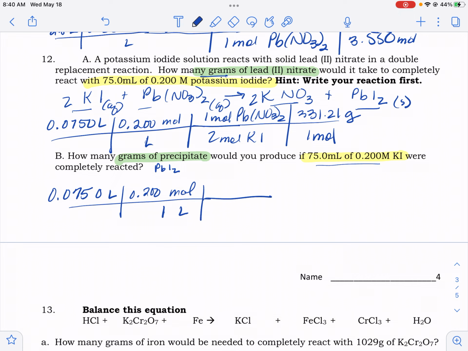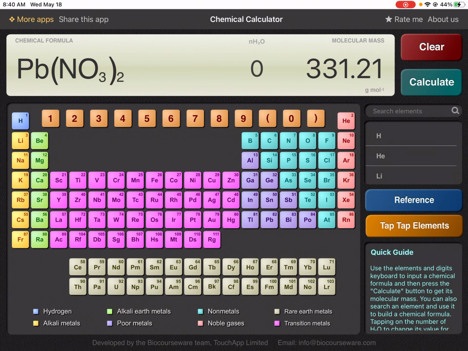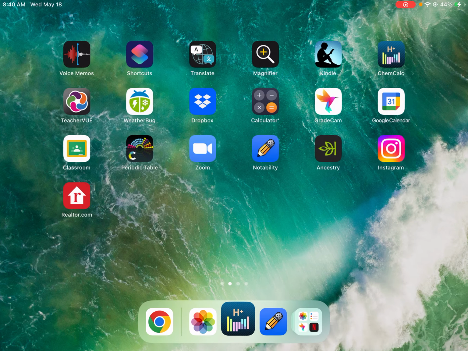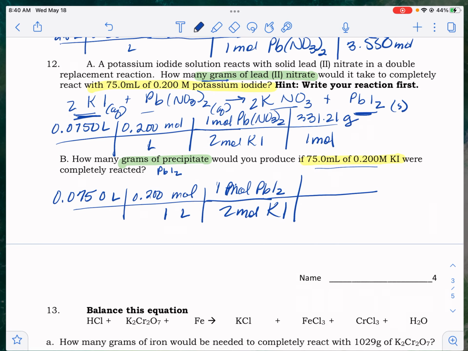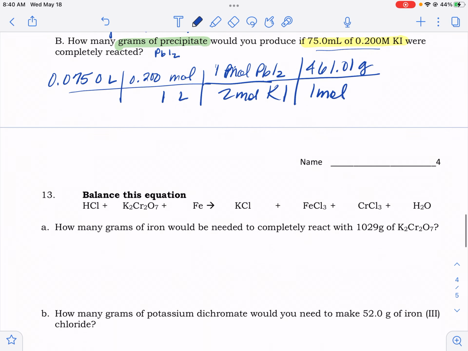My ratio, we're going from KI this time to lead iodide. 1 mole of lead iodide will react with 2 moles of KI, and we want grams, so we need the molar mass of lead iodide this time, which is going to be fairly heavy, because iodine's heavy and lead's heavy. 461.01. And that is how you do 12.